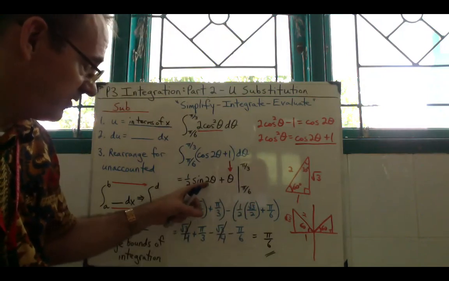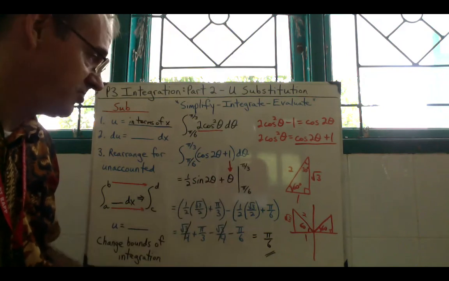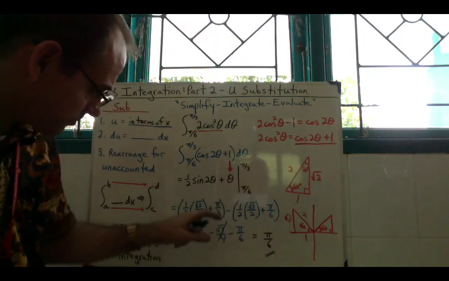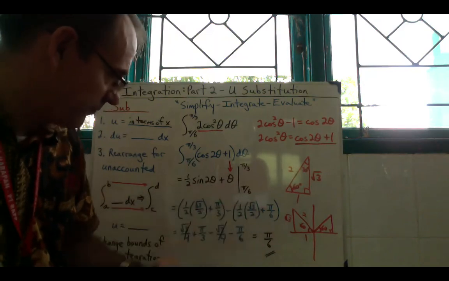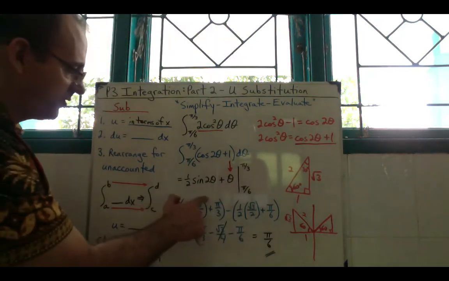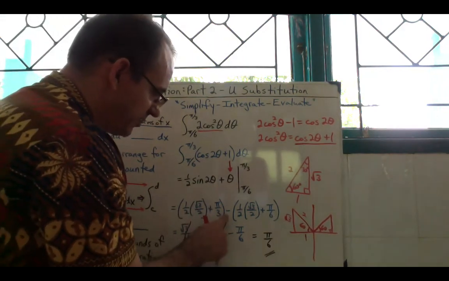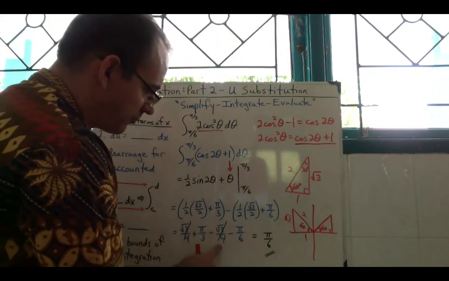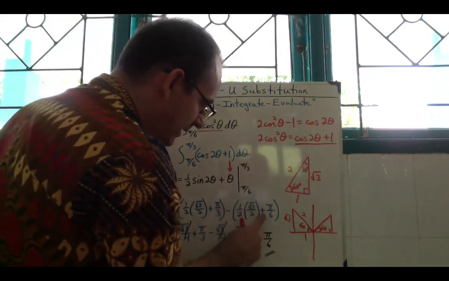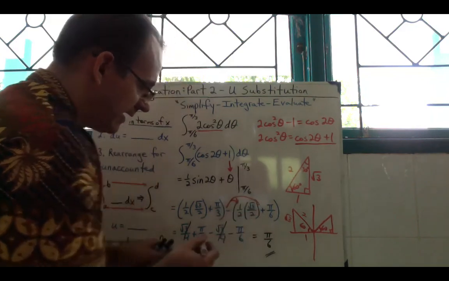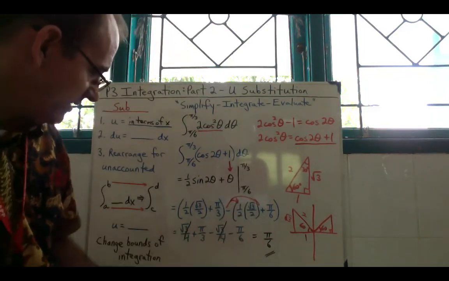This one was in the second quadrant, this one is in the first quadrant, but they're both positive with the same ratio. Then we put the pi over 6 in for the theta. So this becomes root 3 over 4 plus pi thirds. Distribute your negative, a negative root 3 over 4 minus pi over 6, making sure you're distributing that negative.